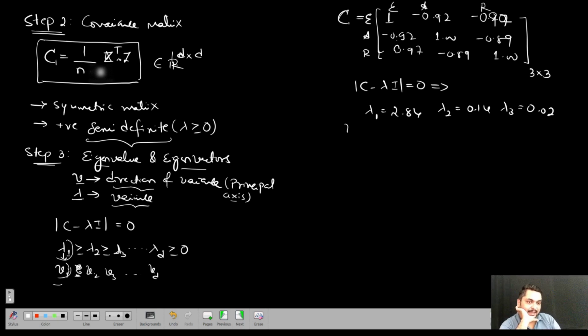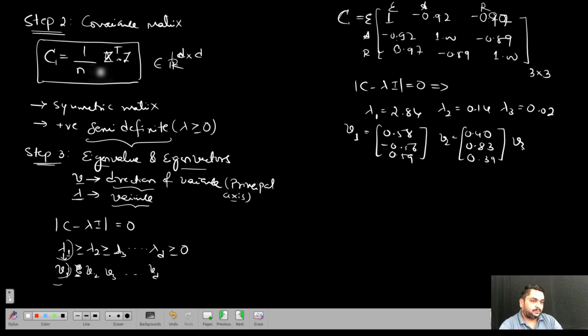The corresponding eigenvectors are v1 equal to 0.58, minus 0.56, 0.59. v2 is equal to 0.40, 0.83, 0.39. v3 is equal to minus 0.71, 0.01 and 0.71.